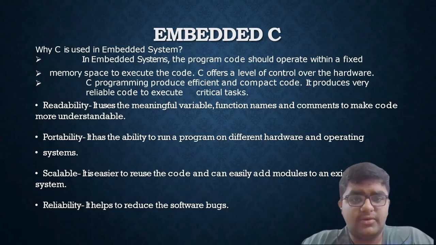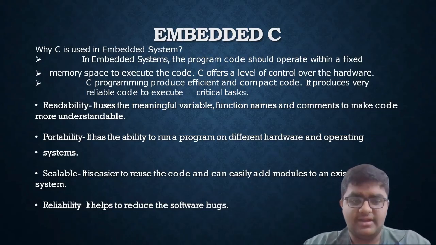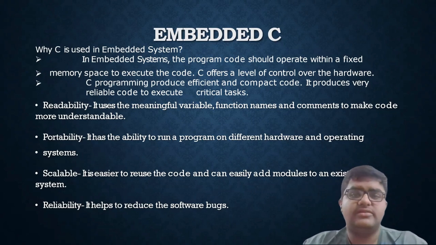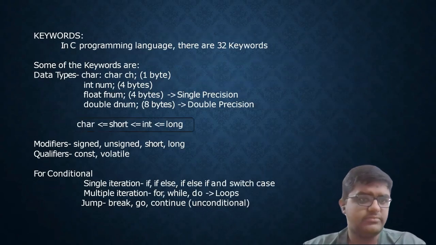C programming produces efficient and compact code. It produces very reliable code to execute critical tasks. Readability, portability, scalability, and reliability. All these features of the C language make it perfect as the algorithm writing language for embedded systems.